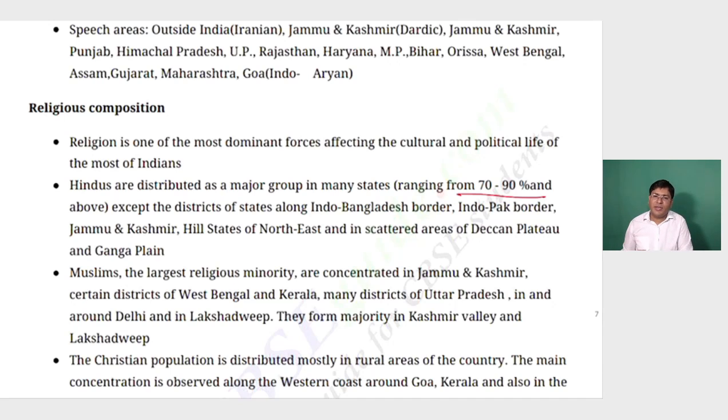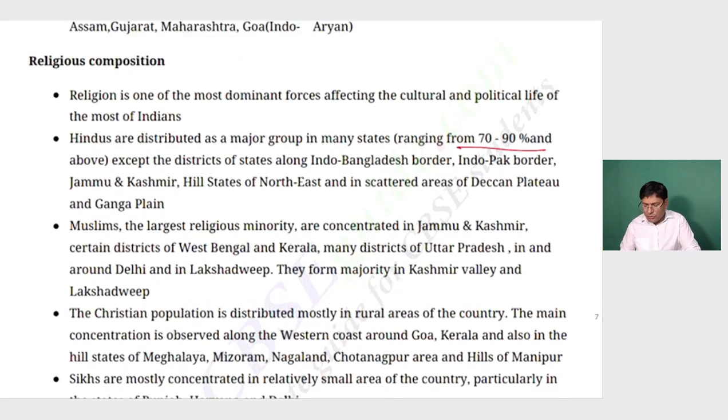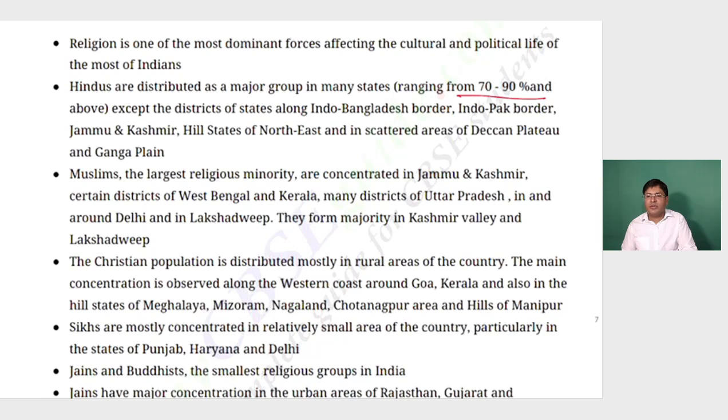And if you talk about the Muslim population, Muslims are the largest religious minority in India. मतलब Hindus के बाद में जो second number पर population है वो है Muslims के.